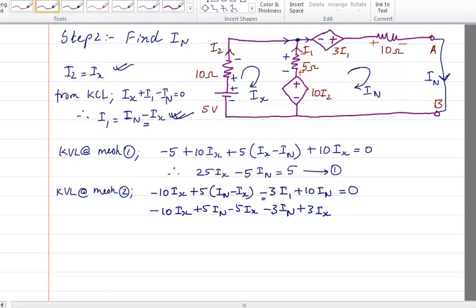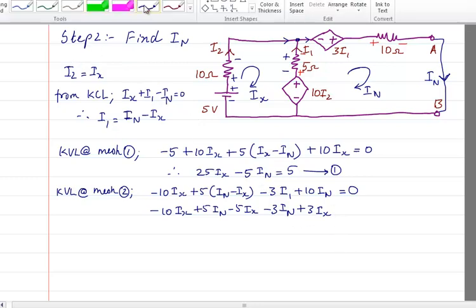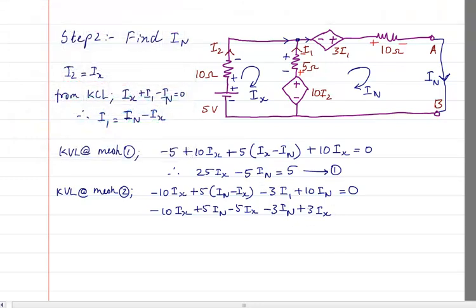Plus 10 In is equal to 0, from which I can take all the Ix, which is minus 10 minus 5 plus 3, which is minus 12 Ix, and In is 5 minus 3, which is 2, plus 10 is plus 12 In is equal to 0.